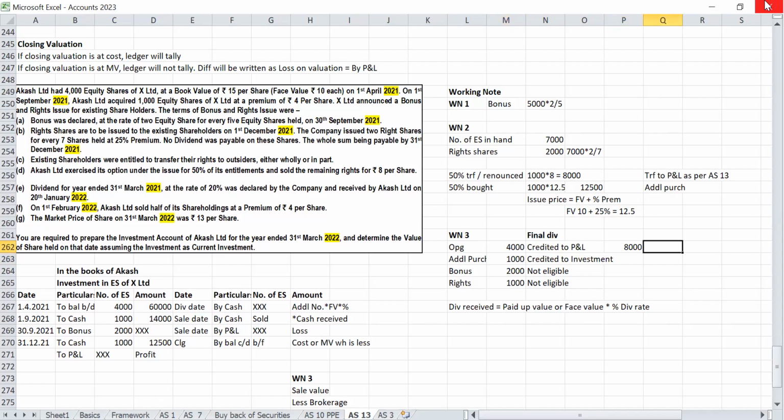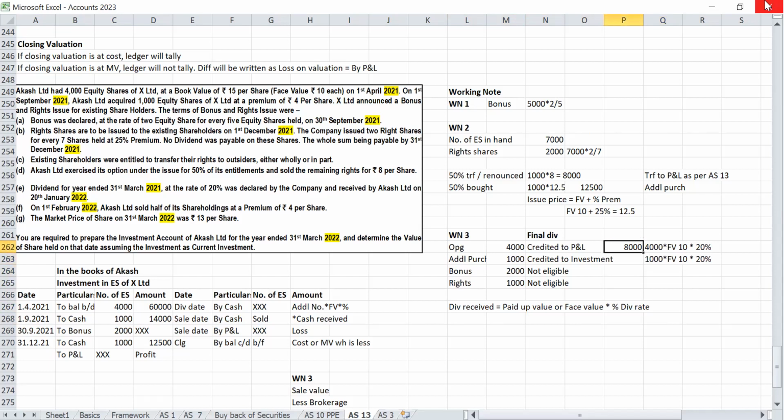What is 15? Book value, sir. Dividend should be applied on face value, not book value. Face value plus dividend percentage, sir. Dividend rate. Sorry, sir, 4,000 into face value into 20%. This should be credited to P&L.